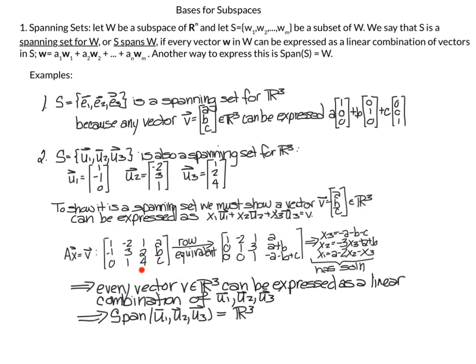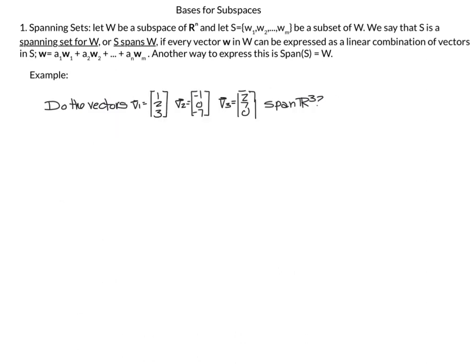Here we have our augmented matrix, which is row equivalent to this matrix, and then we solve, and we see we can find a solution: x1 is equal to a minus x2 minus x3, x2 is equal to minus x3 plus a plus b, and x3 is equal to minus a minus b minus c. So every vector in R3 can be expressed as a linear combination of u1, u2, u3, and therefore the span of those three vectors is equal to R3.